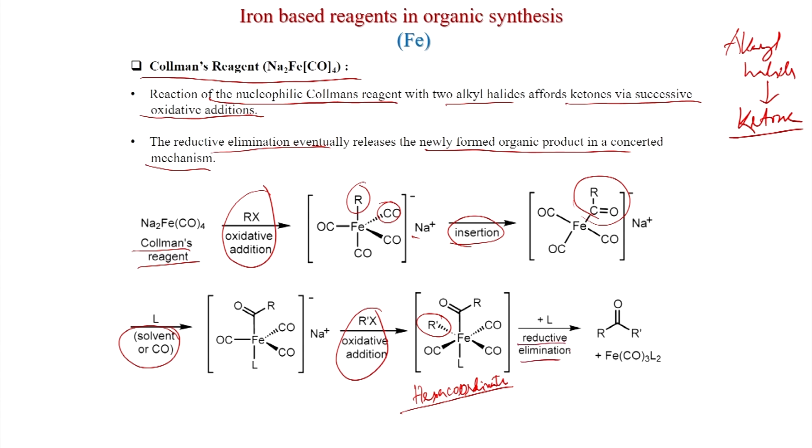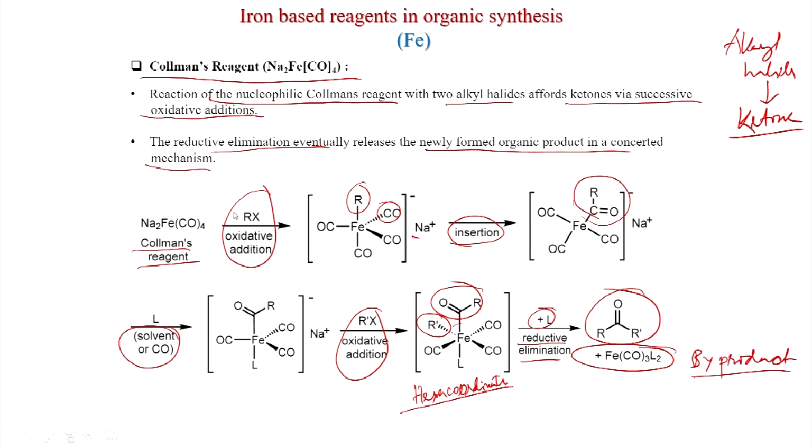So, obviously now the reductive elimination will happen. So, R' is close to this COR group, so that reductive elimination can be possible now and you get the ketone, and also another ligand comes, then you get this Fe(CO)3L2. So, this is the byproduct. So, what happens?